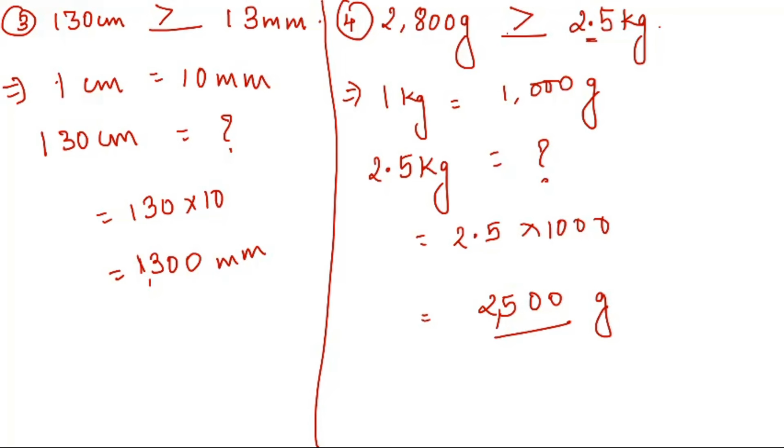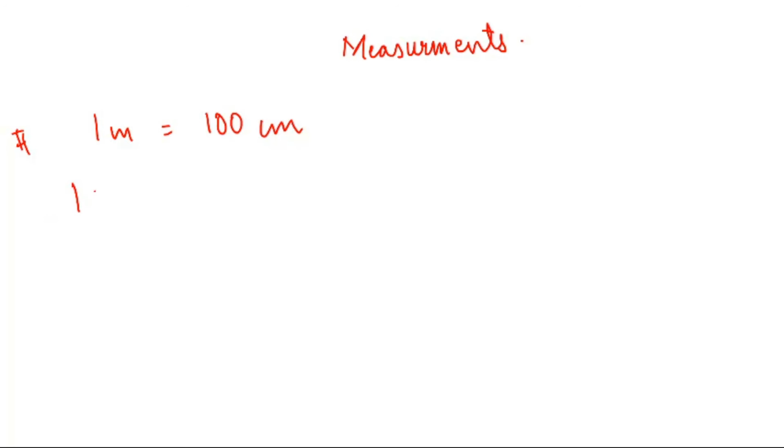Okay, first you will learn the measurements. I am writing the measurements here in short forms so that it will be easy for you to understand and learn well. And it's very simple. 1 meter is equal to 100 centimeter. 1 centimeter is equal to 10 millimeter. 1 kilometer is equal to 1000 meter. 1 kg is equal to 1000 gram.